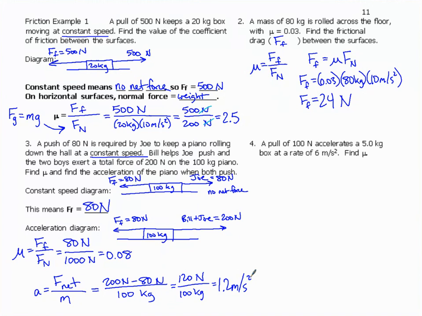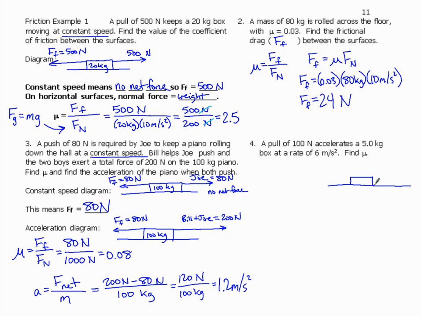Number 4. A pull of 100 newtons accelerates a 5.0 kilogram box at a rate of 6 meters per second squared. Find the coefficient of friction. So first, let's draw a picture here. Here is my horizontal surface.